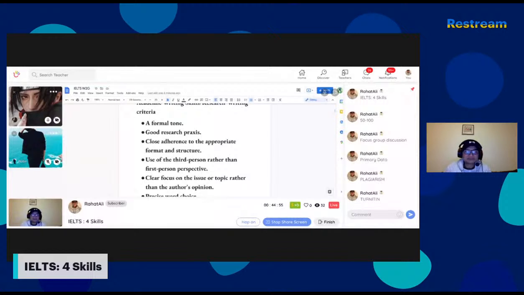I don't know what the criteria is in your country, but in this country, it's less than 20% all over the UK when you're writing an assignment, a research paper, academic writing, or presentation.